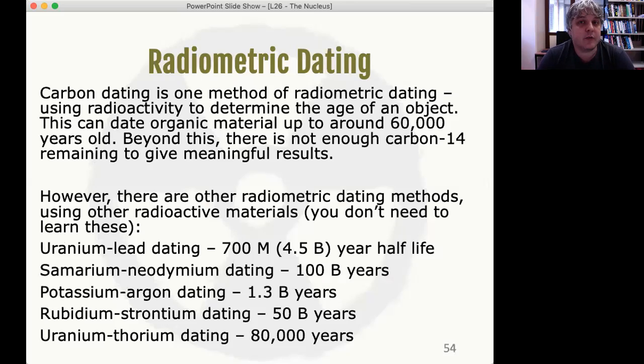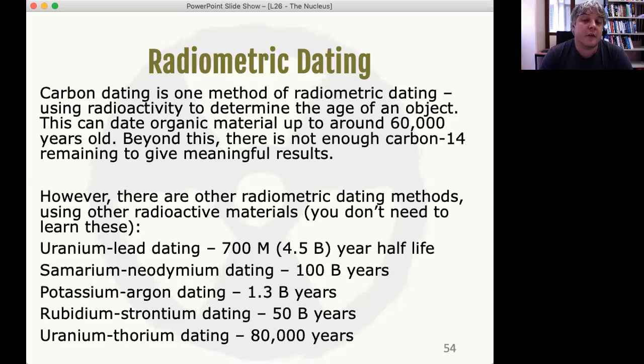Radiometric dating can be used to age all sorts of different things, but depending on the age of the thing, you'll want to use a different type of radiometric dating, a different isotope, a different element as your guide for dating. Carbon dating, using carbon-14, is only useful up to around about 60,000 years old, and as I said, only for organic material, organic matter that's taken in this carbon, plants from the atmosphere or animals from the plants and eating other things.